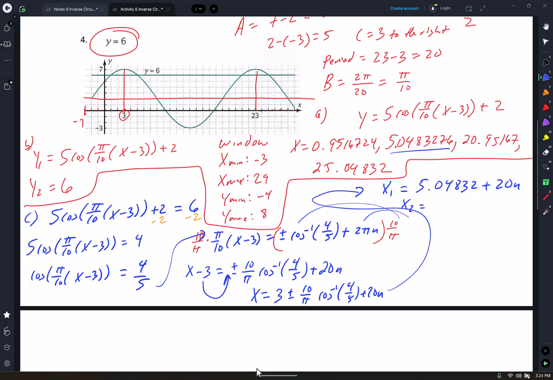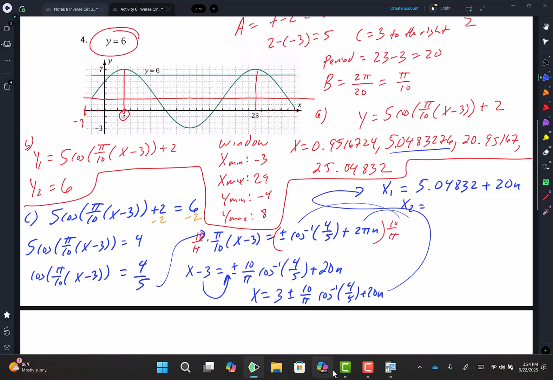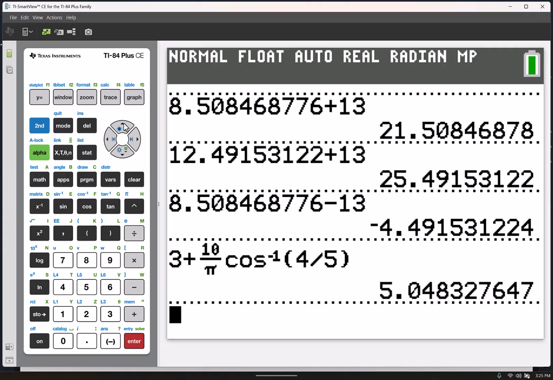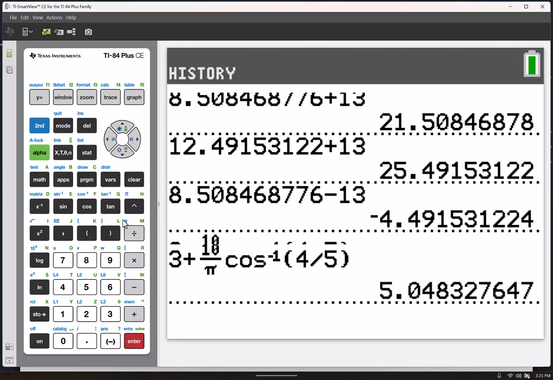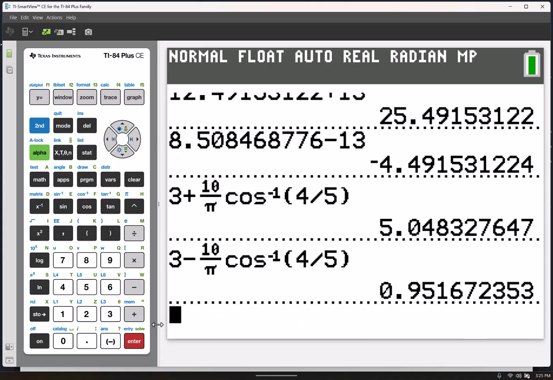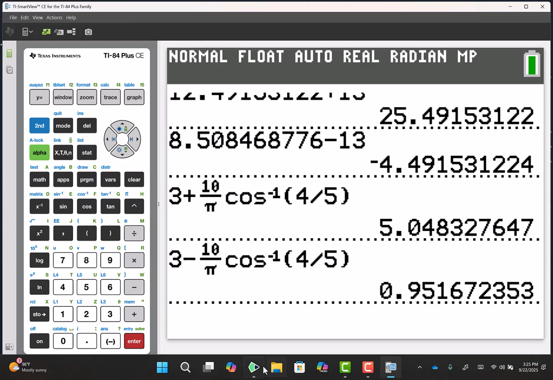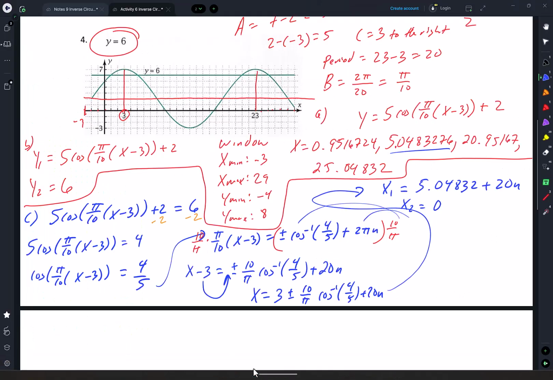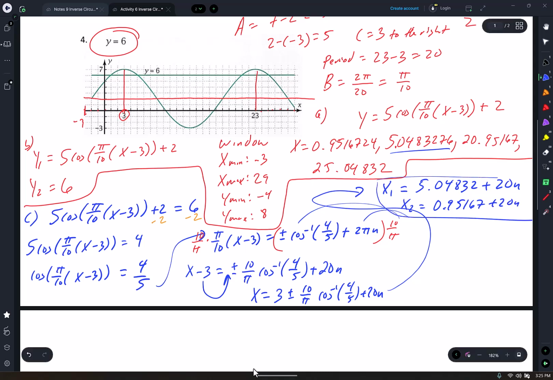x2 equals, instead of adding, I'm going to subtract. So just scroll up and change the plus to a minus. That gives 0.95167. So there it is: 0.95167 plus 20n. You can stop there because if you add 20 to those, you'll get the other answers. Does that make sense?